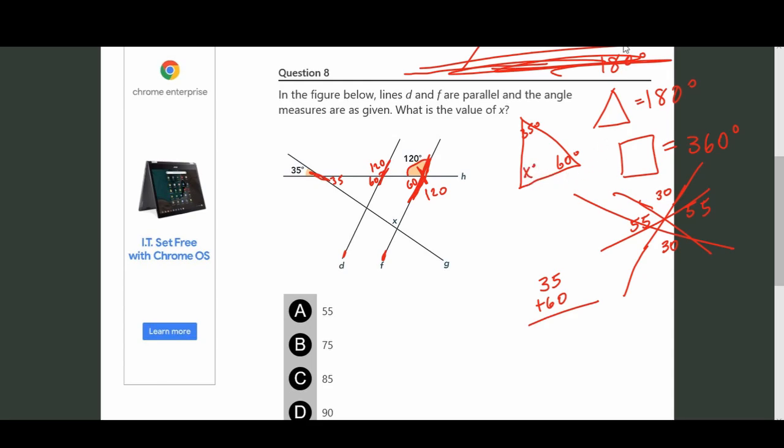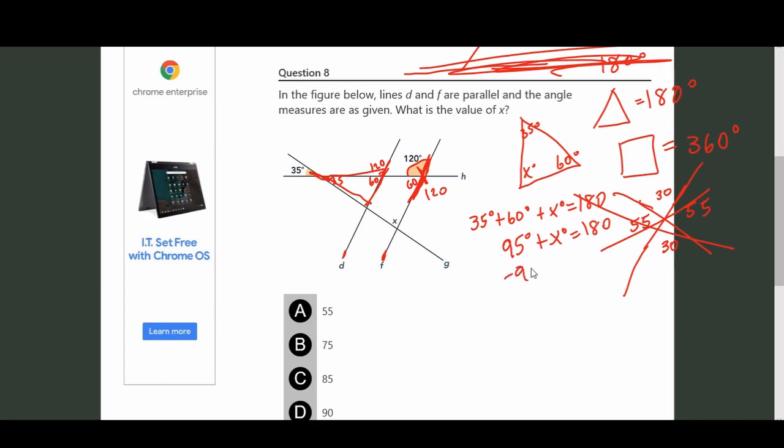So let me start that over. That was a bad explanation there. 35 degrees plus 60 degrees plus x degrees we know is going to be 180. And again, that's this triangle right here I'm referring to. 35 plus 60 is 95 degrees plus x degrees is going to be 180 degrees.